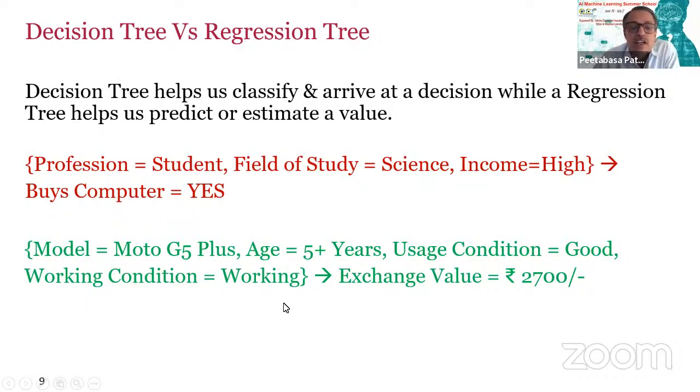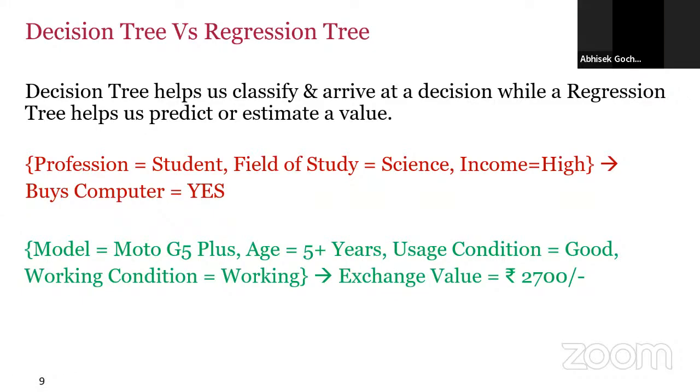I give these inputs to a system and the system generates an exchange value for me, let's say 2,700 rupees is the value of the phone. Now it could be 2,700, it could be 2,701, or it could be 2,701.5, something of that nature can come in. But I think you get an idea of the difference between how a decision tree can be used for either a classification task or a regression task.